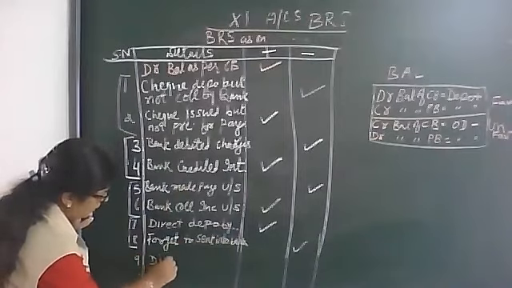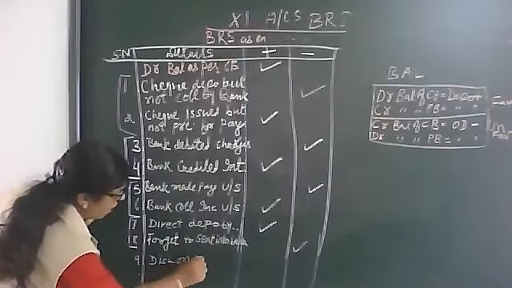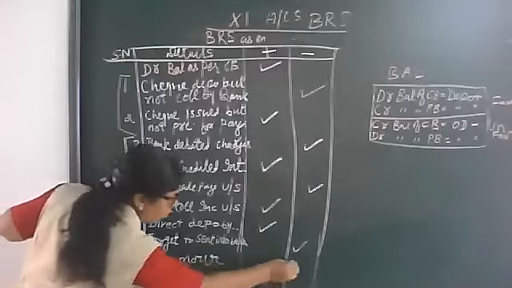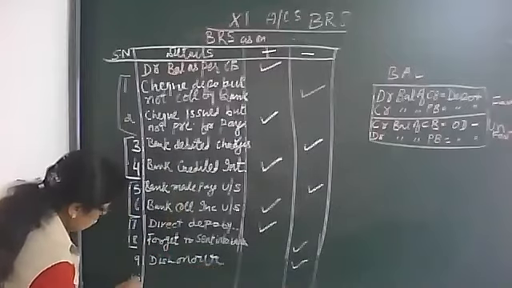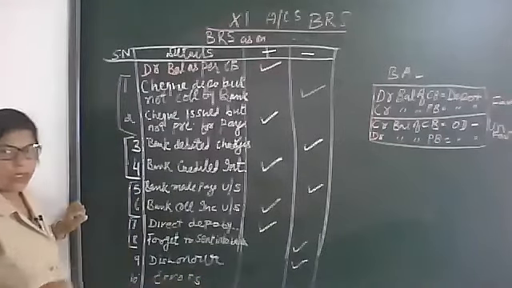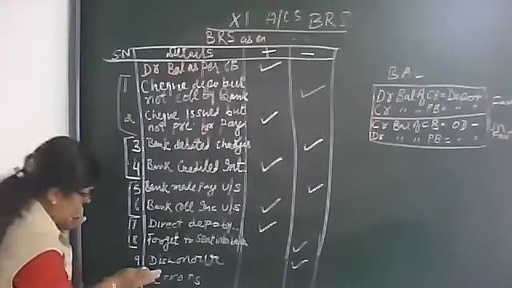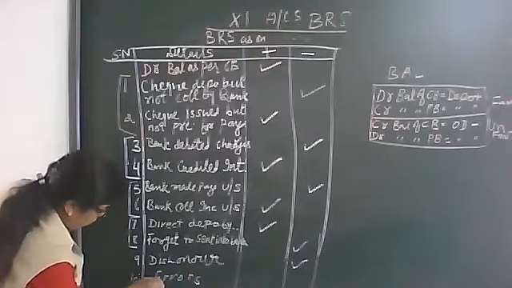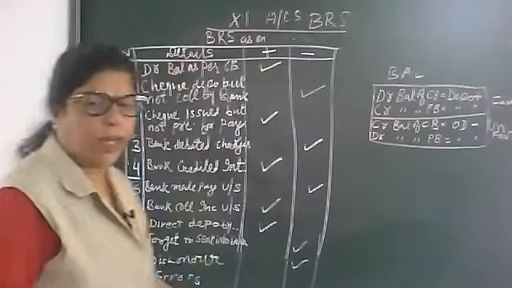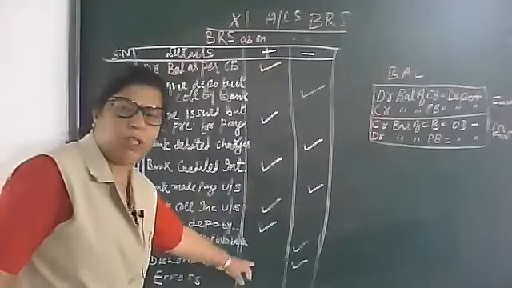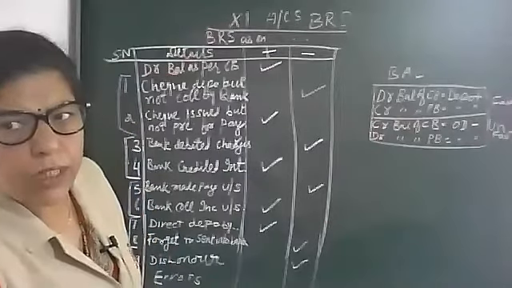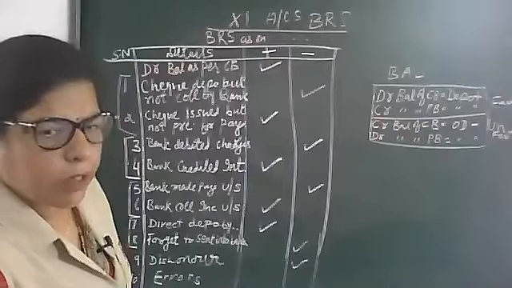Dishonor, dishonor means bounce. Minus. Last is some errors may occur. You will check the errors: if that amount is plus, you can put it in plus. If that amount is minus, you can put it in minus.